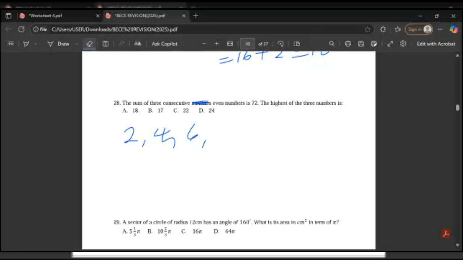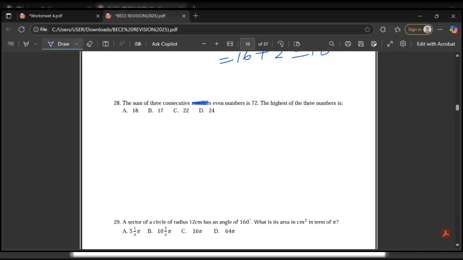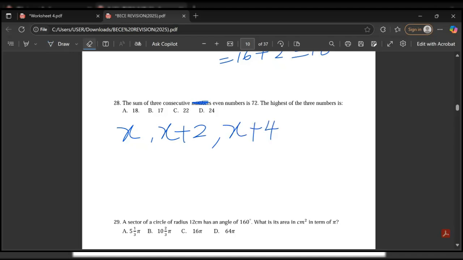So in that case, if the first even number is x, the second one will be x plus 2. The third one will be x plus 4. The addition of all these is 72. We want to find the value of the bigger number, which is x plus 4. So x plus x plus x gives us 3x.